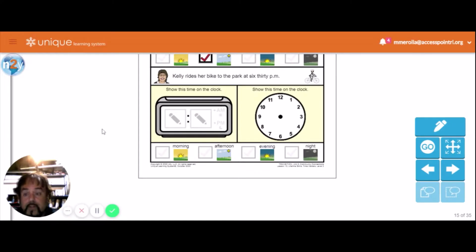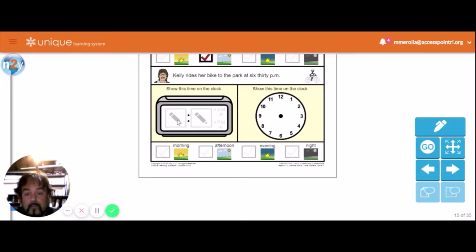Okay, just to make things clear on this page, we're telling time to the half hour now. Okay. Kelly rides her bike to the park at 6:30 p.m. What does that look like? Well, let's find out.